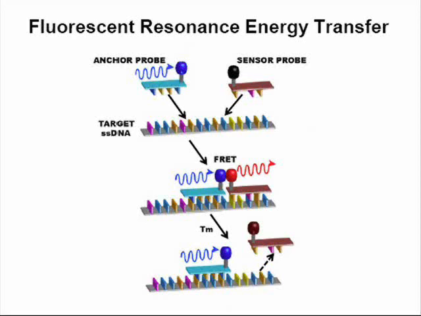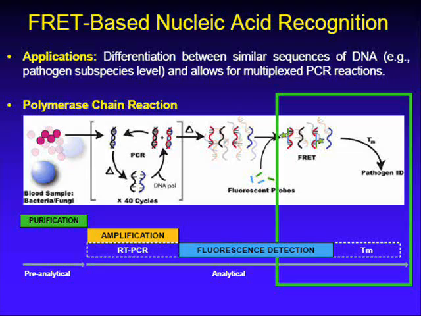Therefore, it allows higher resolution between similar species of pathogens, for example. This will be discussed in the next couple of slides on how melting point analysis provides a way for pathogen nucleic acid recognition to multiplex. Now we can see that in this slide, FRET and fluorescent probes provide us with a tool to detect our amplicons and differentiate between a variety of pathogens of interest.